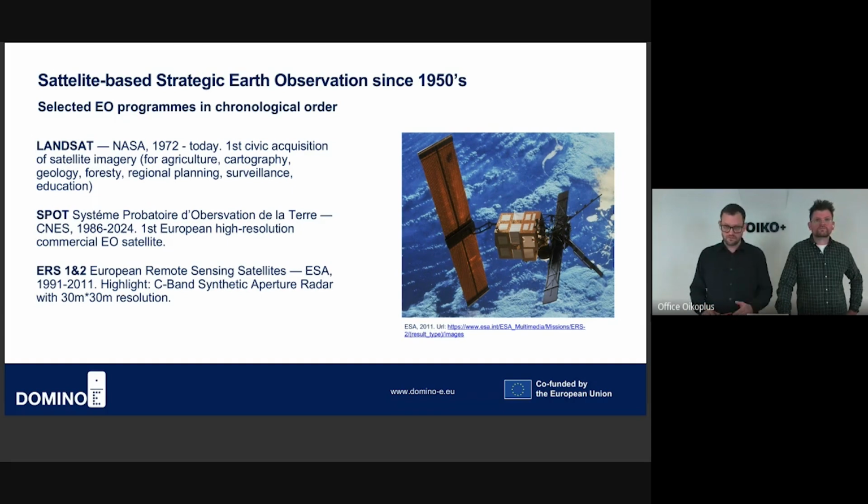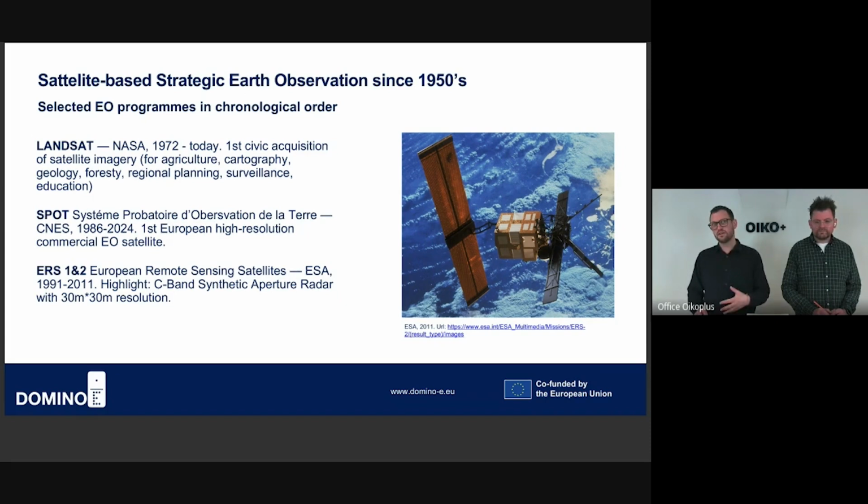It brought Earth observation to agriculture, to regional planning, to forestry, education, and also to geology. Then 10 years later, France's CNES introduced SPOT, the Système Probatoire d'Observation de la Terre, the first European high-resolution satellite, enabling industries and governments to purchase satellite imagery for economic and environmental applications.